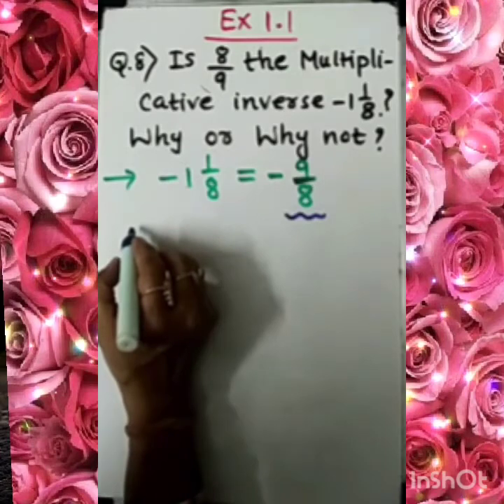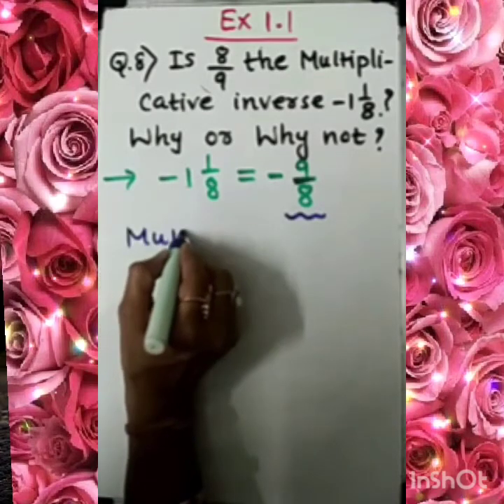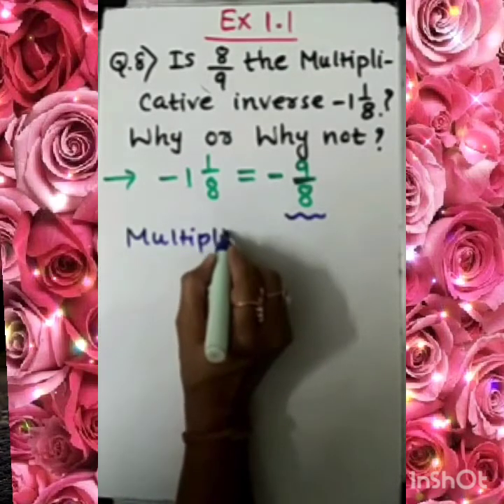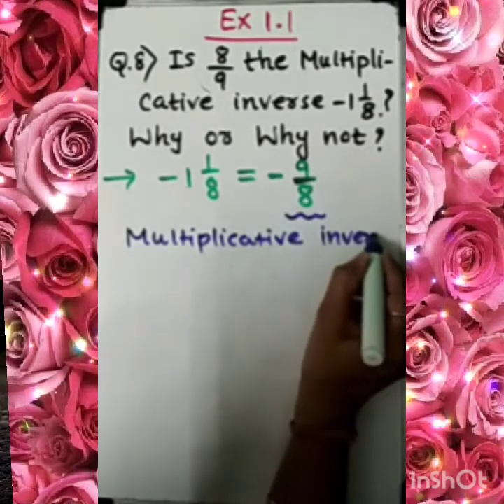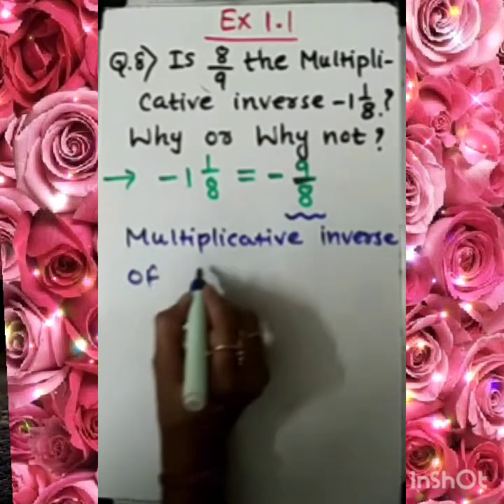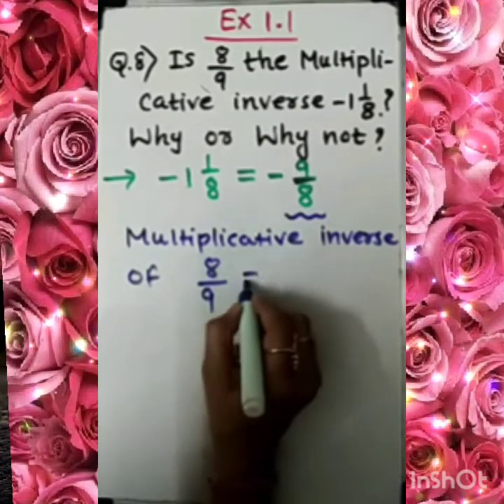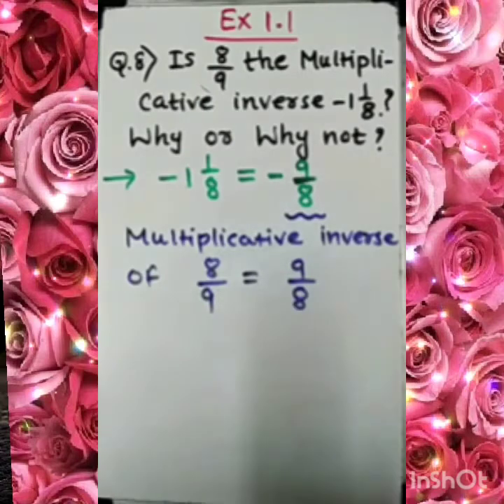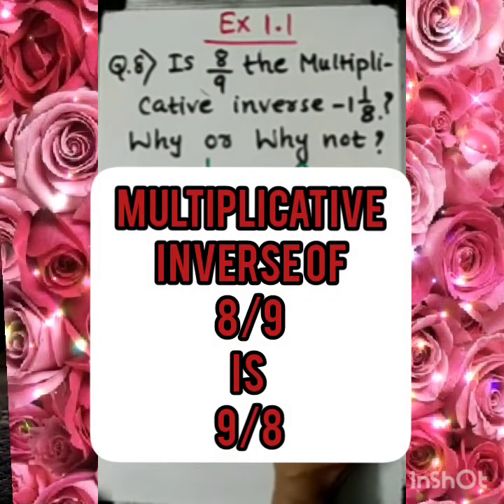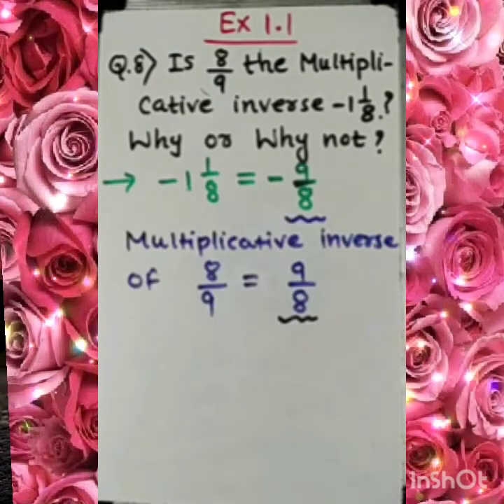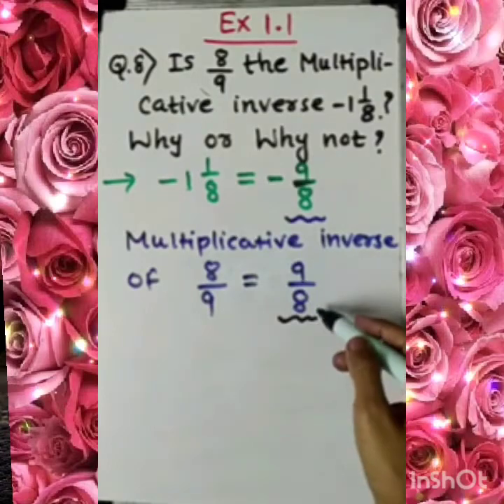Let's think about that. So first we need to mention multiplicative inverse of 8 by 9. It will be 9 by 8. Fine. Multiplicative inverse of 8 by 9, it will be 9 by 8. Okay, but here you can see, dear student, here it is 9 by 8. So simply I should say here, this is 9 by 8.